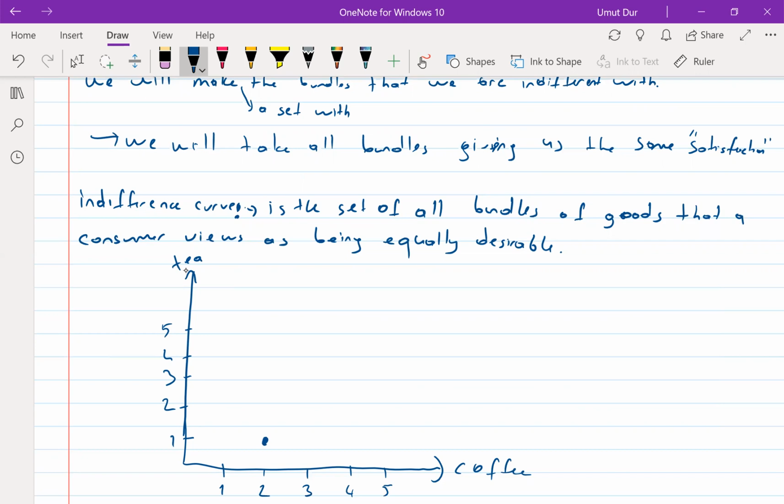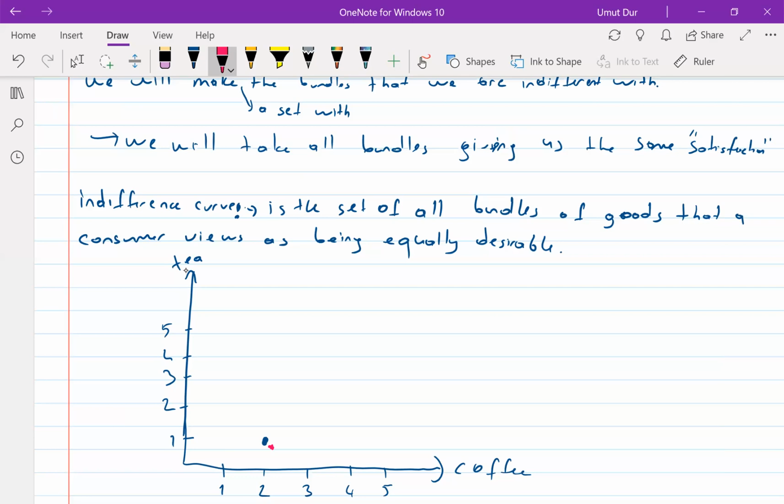We are starting with this blue point. Then I'm asking myself, what if I give up just a little bit of tea, and instead I am getting more coffee? Which means that I am moving from the blue dot to the red dot.